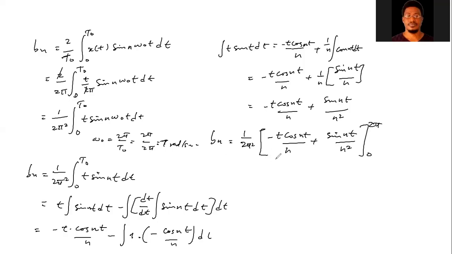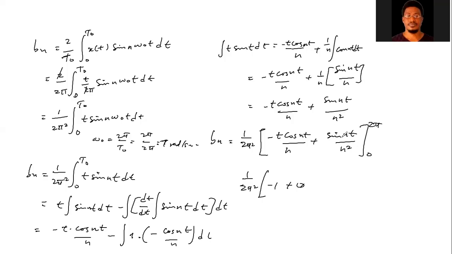So just the same way, if we substitute 2π into this and into this, then cos n2π will be the same as 1, while sin n2π will be the same as 0. So we are going to have 1 over 2π squared into bracket minus 1 plus 0. Now, once we substitute 0 into this, so minus 0 times whatsoever, then that reduces to 0.